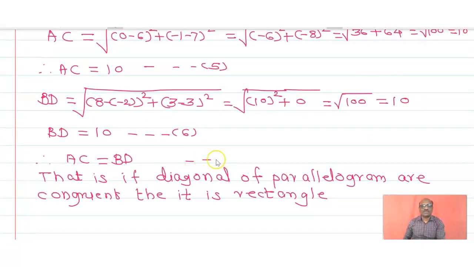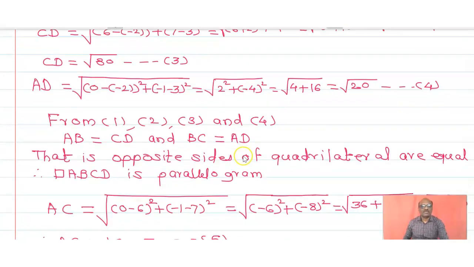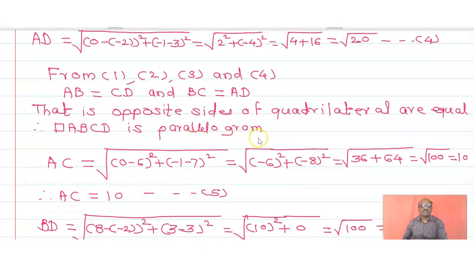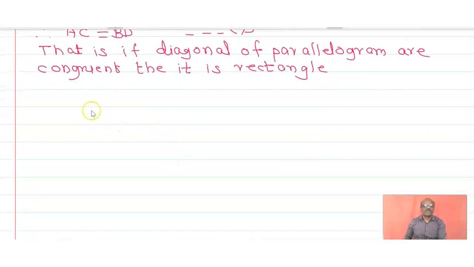This is the seventh one, and therefore where we have the parallelogram, this is a parallelogram. Therefore quadrilateral ABCD is a rectangle.